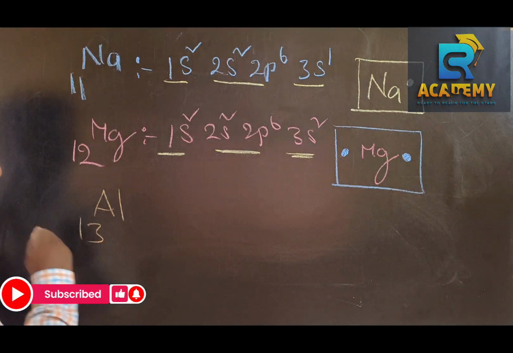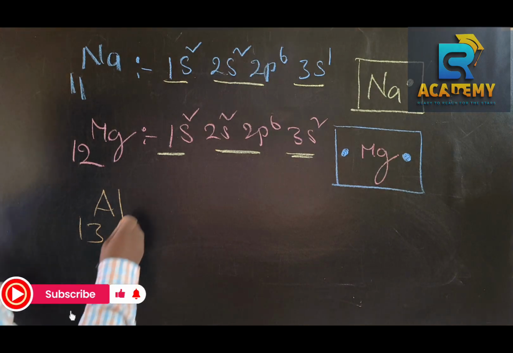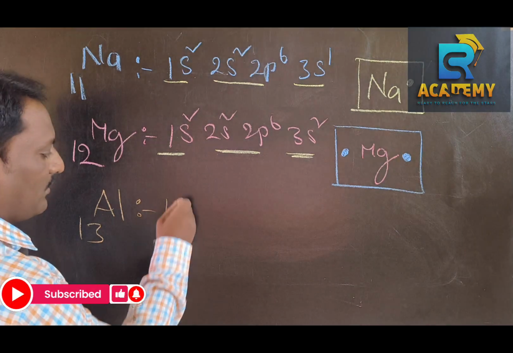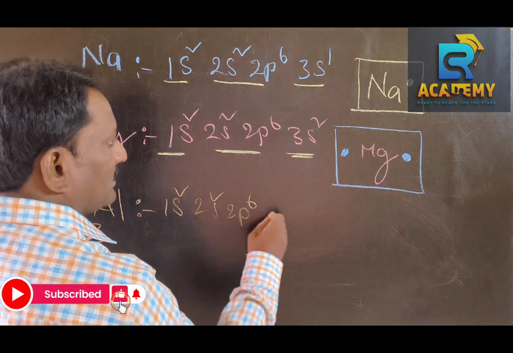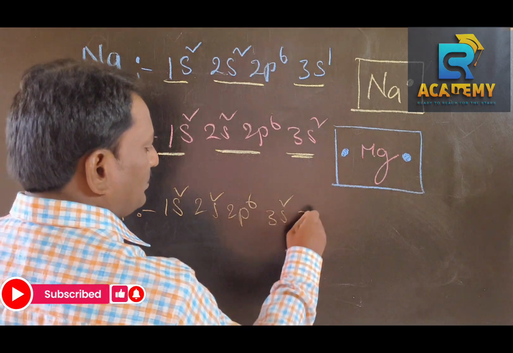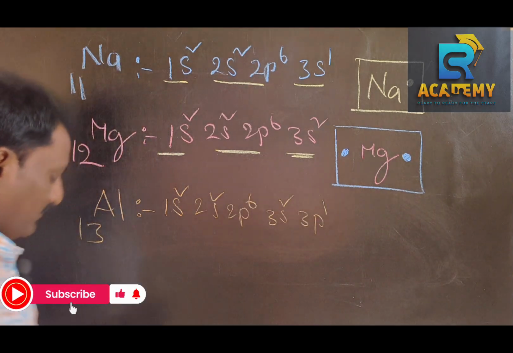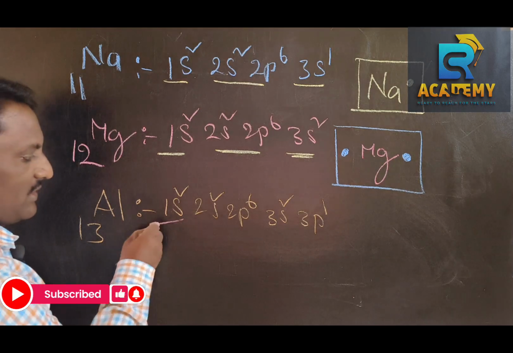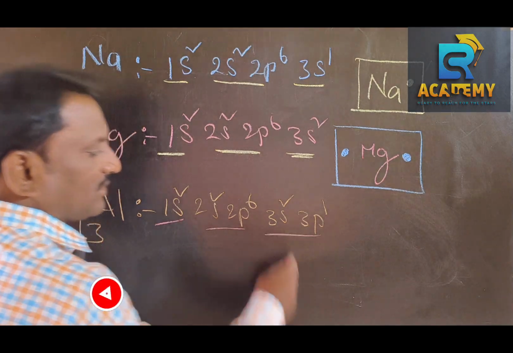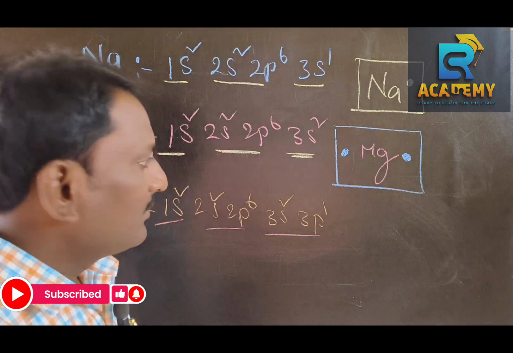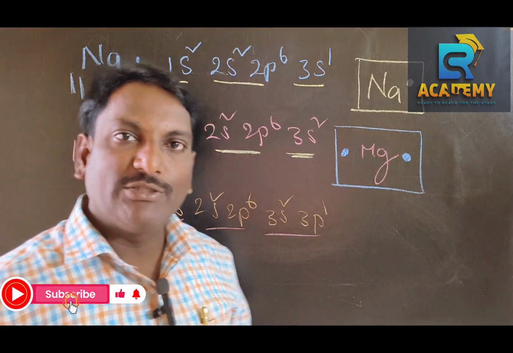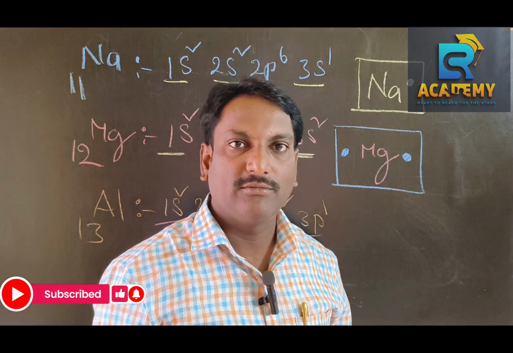Aluminium. Atomic number 13. Electronic configuration 1s2, 2s2, 2p6, 3s2, 3p1. So this is the first shell, second shell, third shell. How many valence electrons? 3. Very good. Is it clear?